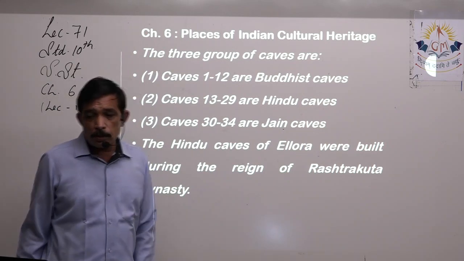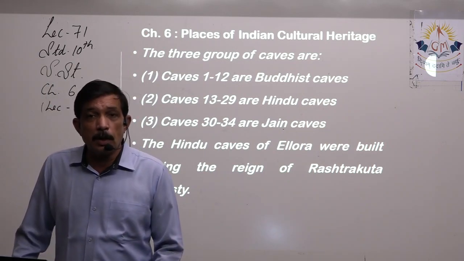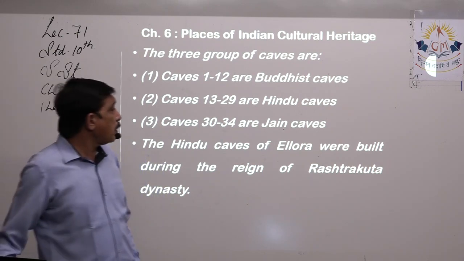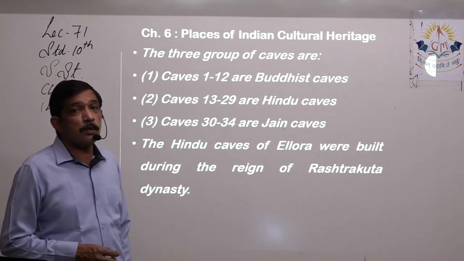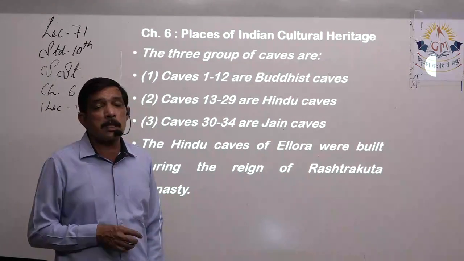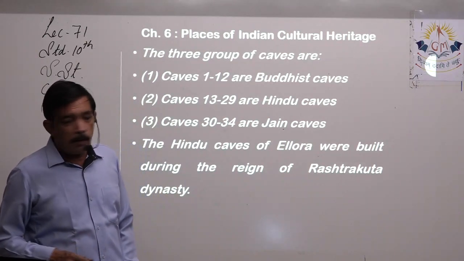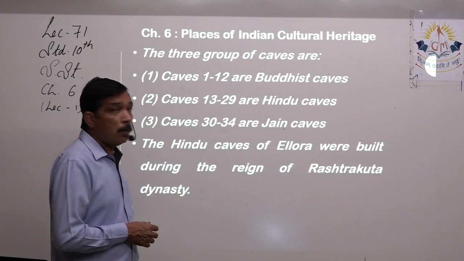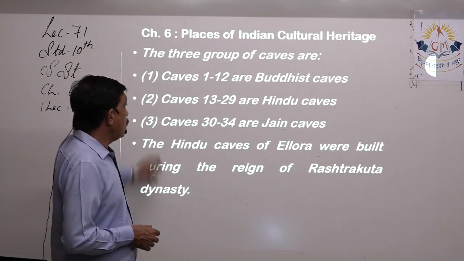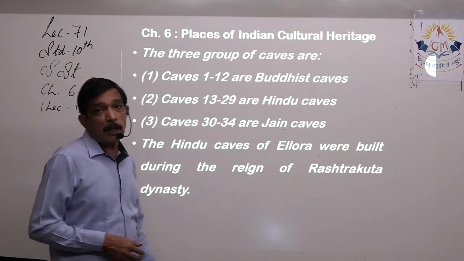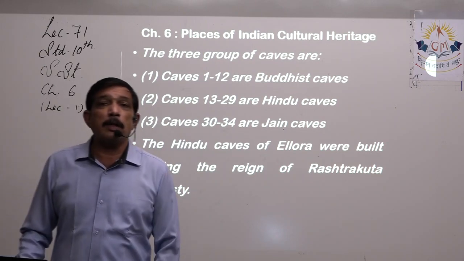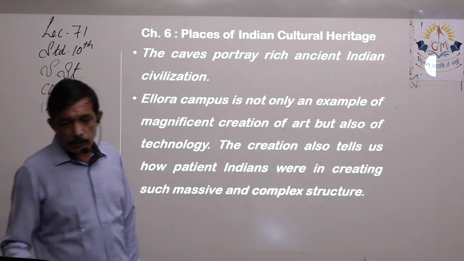The Hindu caves of Ellora were built during the reign of the Rashtrakuta dynasty, which you learned in the earlier standards, I think 6th or 7th, right? So those were the people who made caves 13 to 29, the Hindu caves.